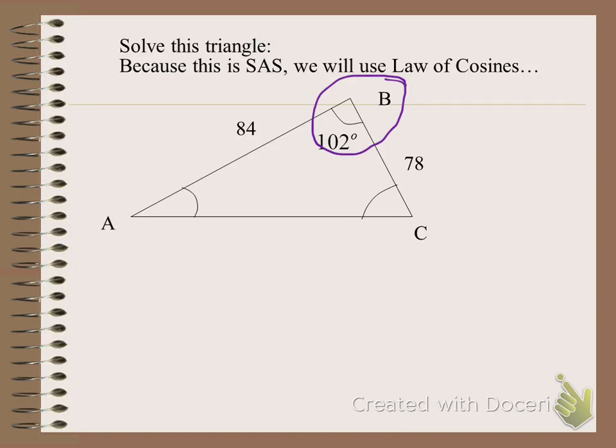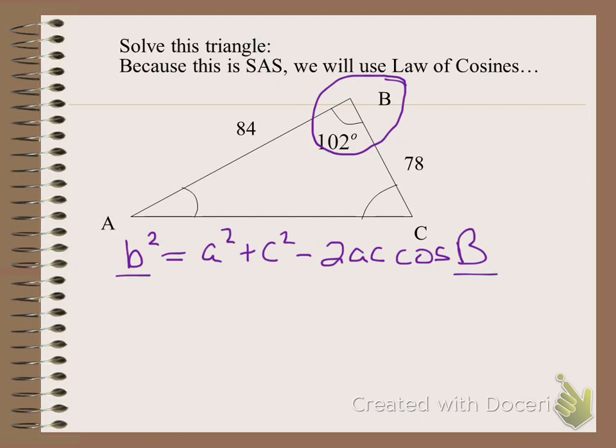The B version of the law of cosines is B squared equals, remember the A and the C's go on the inside, so A squared plus C squared, and there's that minus 2 and another AC times the cosine of capital B. That's the B version of law of cosines.